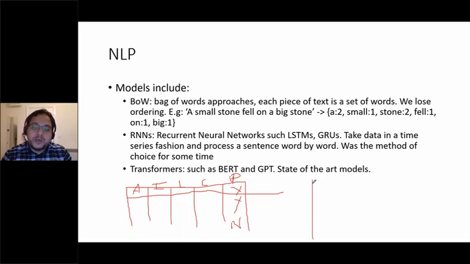For example, we have a table here, and this will be A. This will be small. This will be stone. Sorry, my writing is awful here, but I don't have a choice. This will be fell. This will be on.